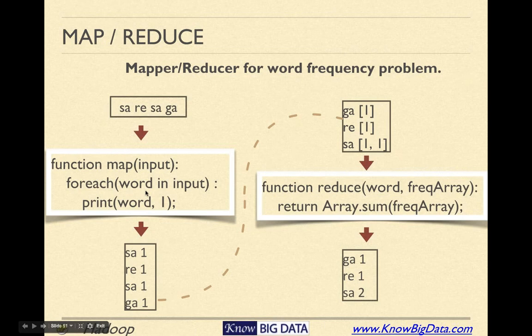Hadoop will sort them by the key, and after sorting and grouping them by the key, your result will look like this. It'll be GA1, RA1. This is just an example. So you can see that there was, let's say, one line, sa, re, saga in our input. There could be hundreds of such lines. For each of those 100 lines, a similar output will be generated. All right.